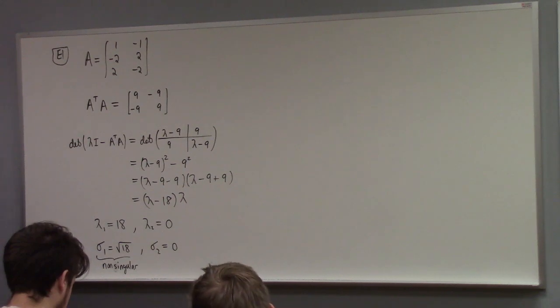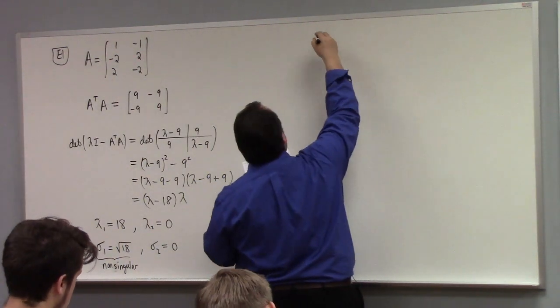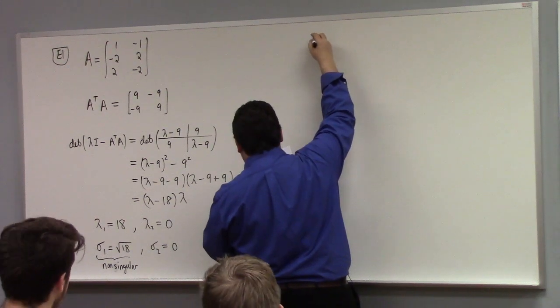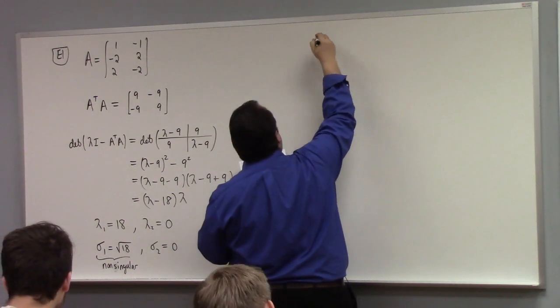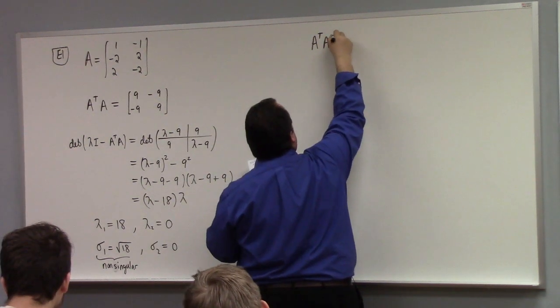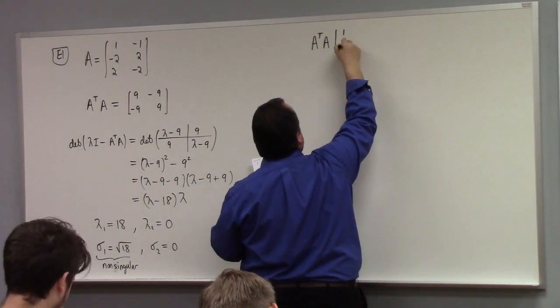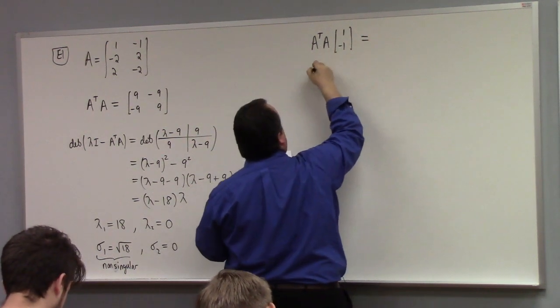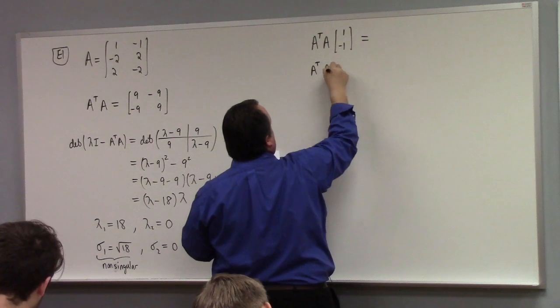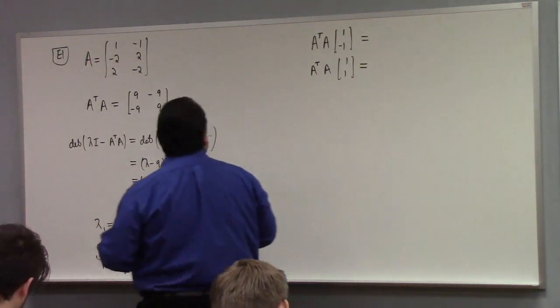Now, once we have that, you can easily calculate A transpose A times the vector 1, minus 1, and you can calculate A transpose A times 1, 1. And if you look at those, it's fairly obvious what you get, right?